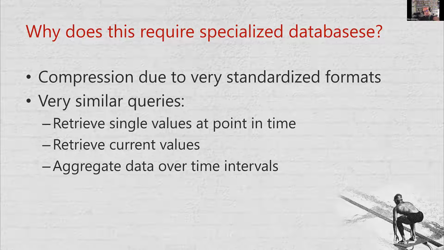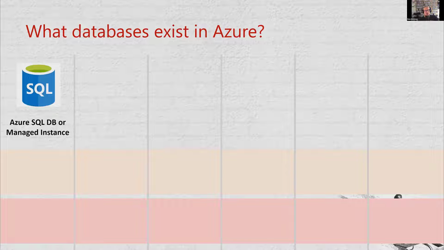Now, moving a bit more into the technology side, the question is, how can we store time series data in Azure? And I've come up with a few possibilities that we will talk about later. So one possibility, of course, is an Azure SQL database or managed instance, or a SQL server on-premise, or in a virtual machine, of course.